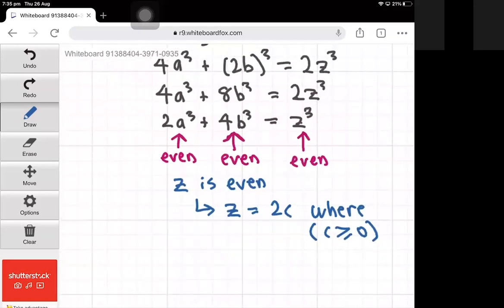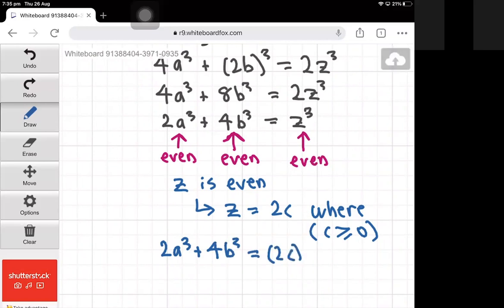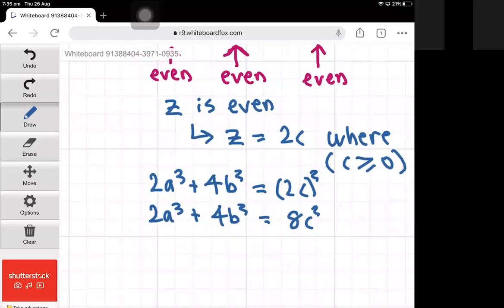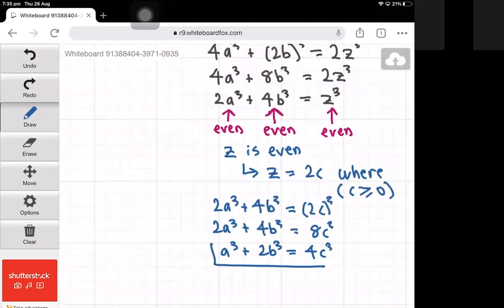If we substitute z equals 2c, we have 2c cubed, which is the same as 8c cubed. And we divide both sides by 2 again. Now we have a cubed plus 2b cubed equals 4c cubed.